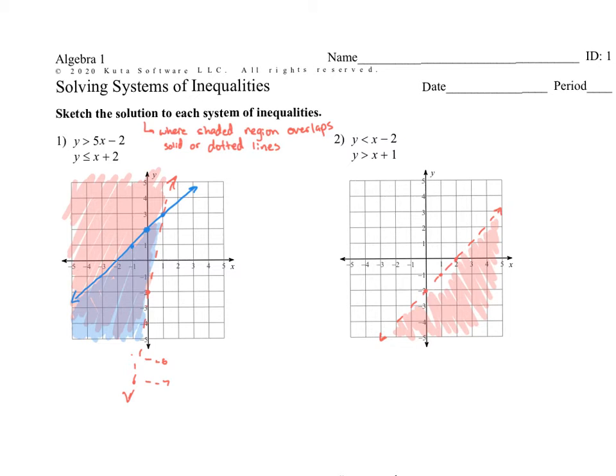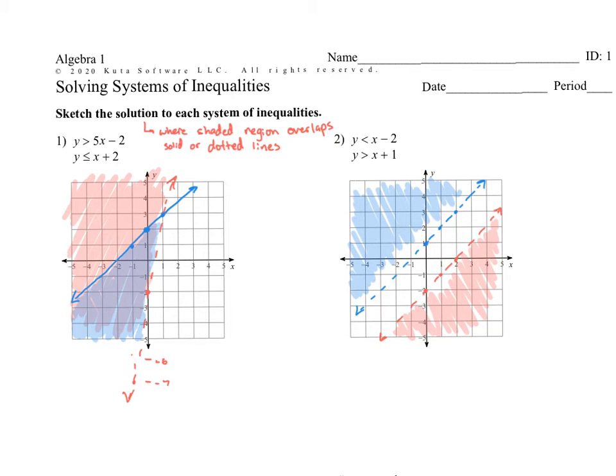Our next one is y is greater than x plus 1. Now you might already be able to see where this is going, but I'm going to finish it out so you can actually see it on the graph. So plus 1. Here is my other dotted line. And we know that y is greater than this graph, so the shading goes above the dotted line.